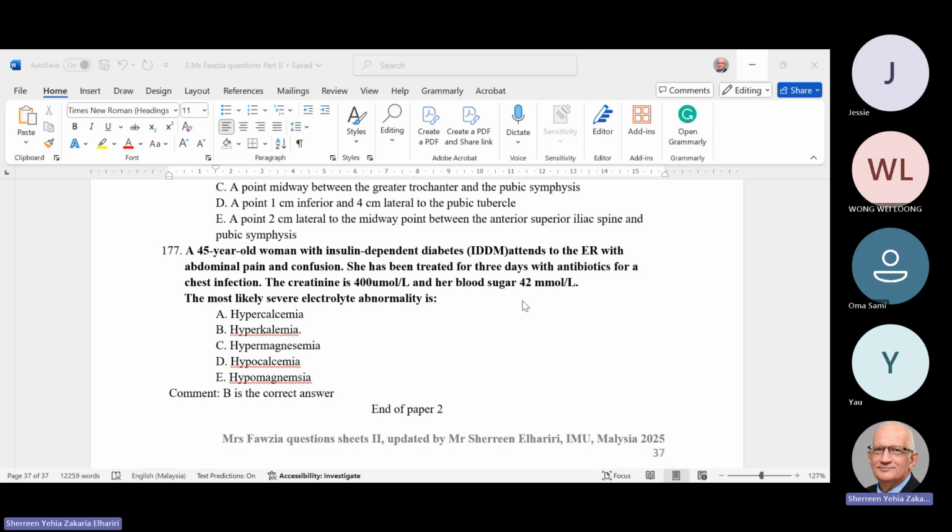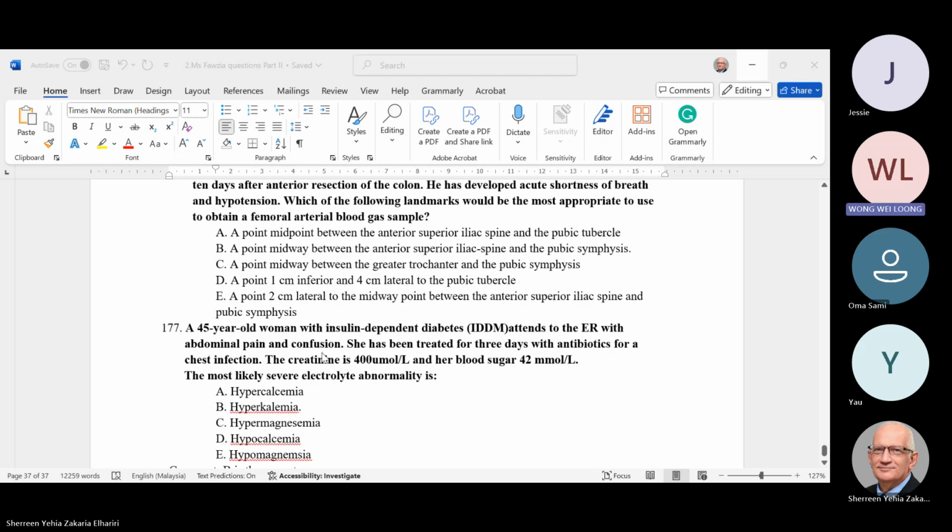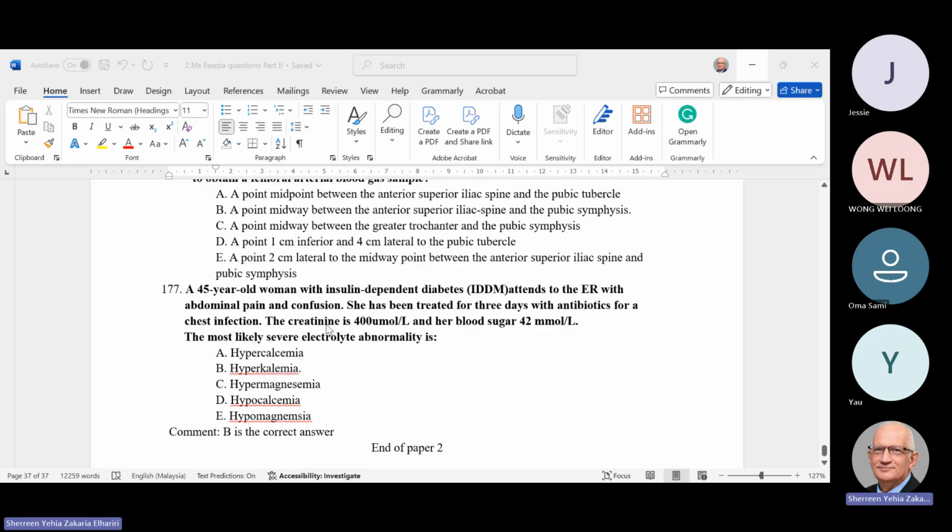Hyperkalemia. Most other versions write hypomagnesemia, but it is not the correct answer. This patient has diabetic ketoacidosis, and in diabetic ketoacidosis you can have high potassium. So it is hyperkalemia, not hypo. So it is B.